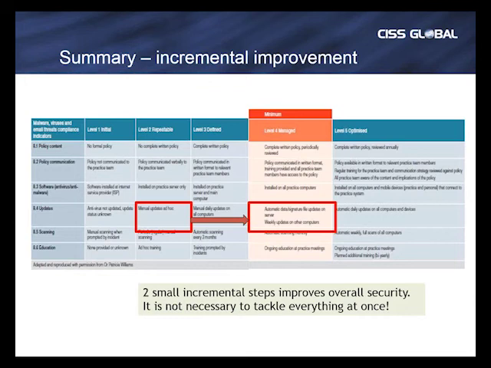So when we talk about this incremental improvement, it's about looking at what you're doing now and then taking small steps to make improvements. That doesn't mean to say you have to spend a whole lot of money to throw at security, but it does mean that you can start to assess where you are and also see how you can improve in a very stepwise process.